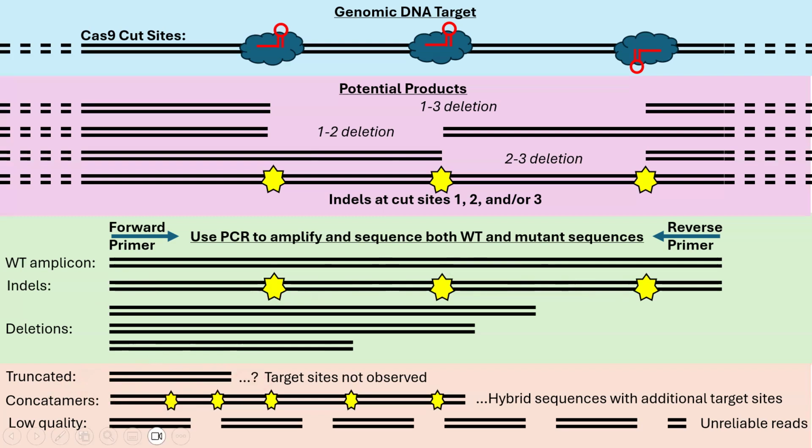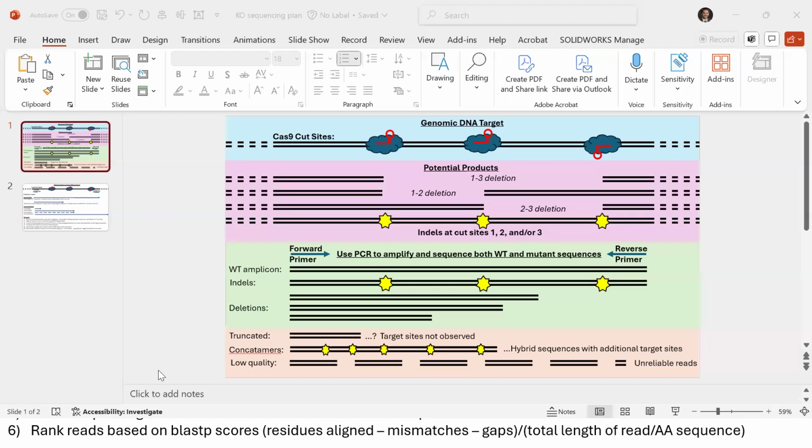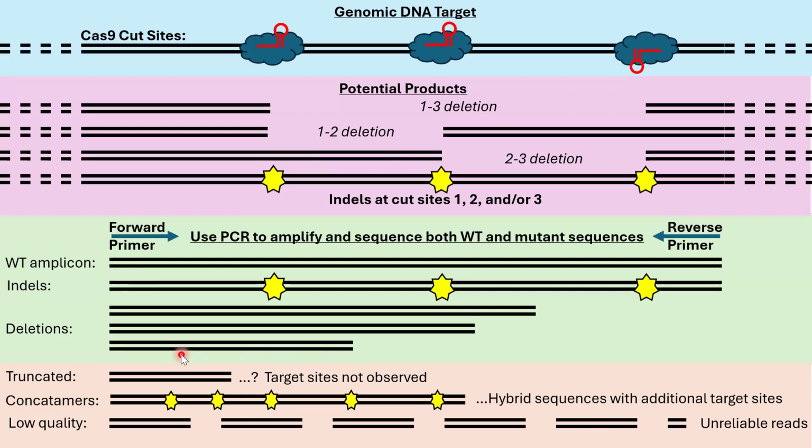This is mostly a byproduct of PCR, actually, where multiple bands are joined together. And so those reads will be longer than expected and contain multiple copies of these target sites. So we'll need to clean up the data to get rid of these reads that are too short, too long. Also, there's going to be some reads that are just low quality. That's the dashed line down here, where the sequencer wasn't highly confident in those bases to begin with.